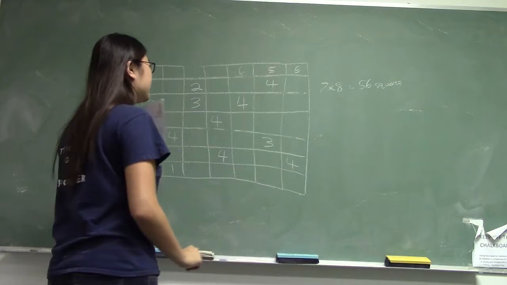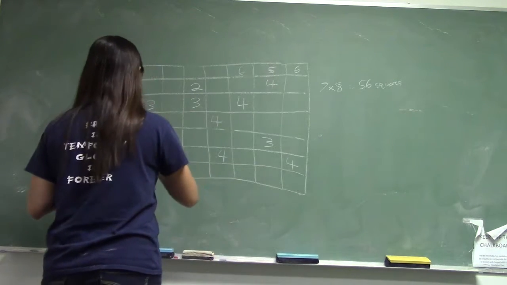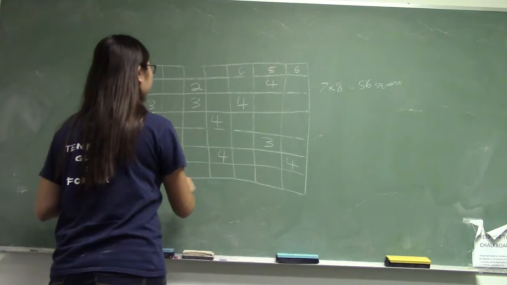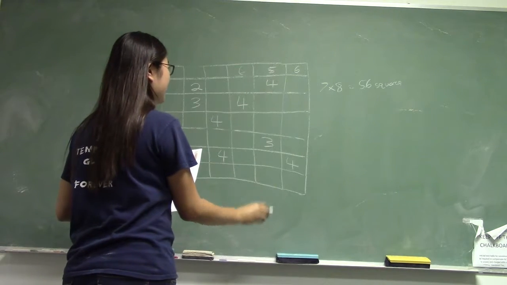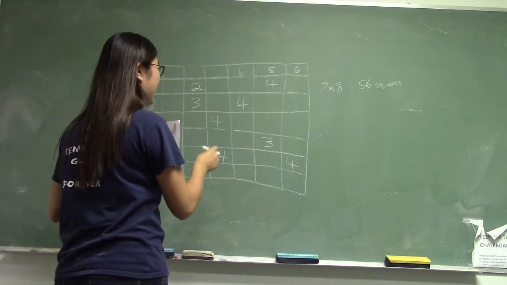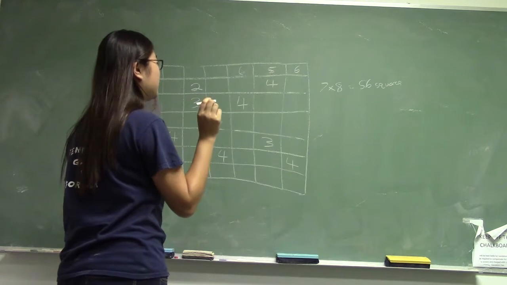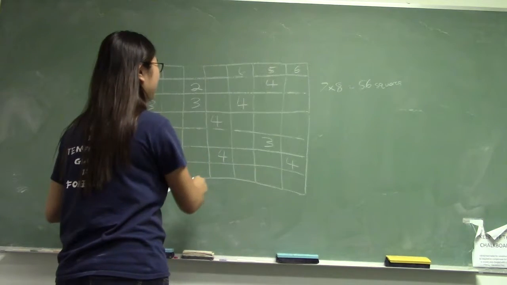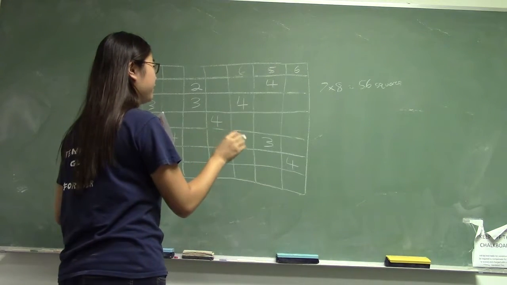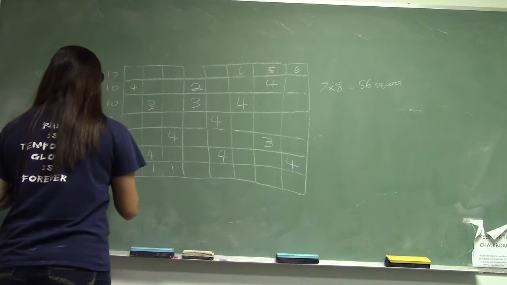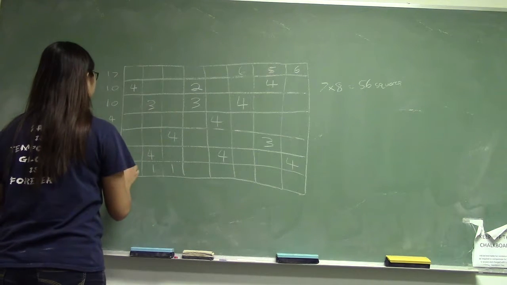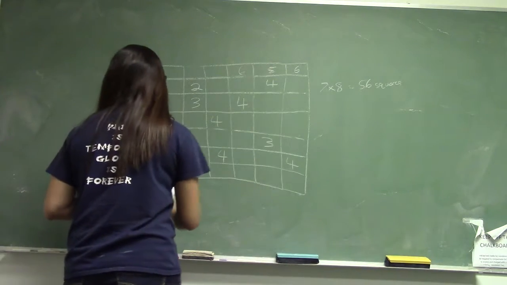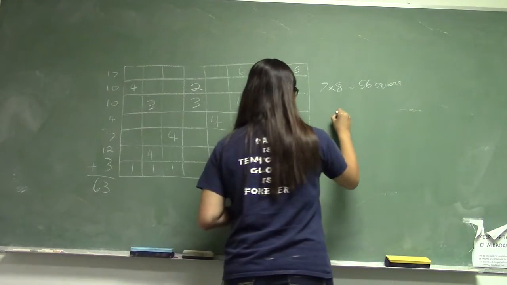So we need to divide this grid into pieces with the same number of squares and the same sum of numbers within each piece. So the number of unit squares in each piece has to divide 56, and the sum of the numbers in each piece has to divide 63. The only common factor they share besides 1 is 7.